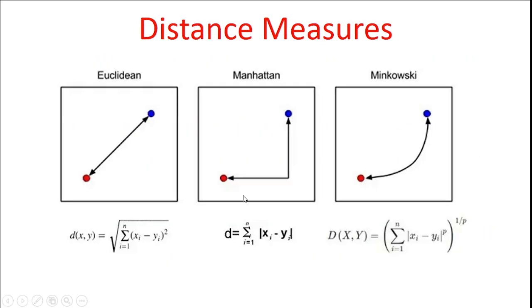So in distance measures, you have three methods. In this case, I have considered only three methods: Euclidean distance, Manhattan, and Minkowski. Consider this red point is a train data, and this blue point is a test data.